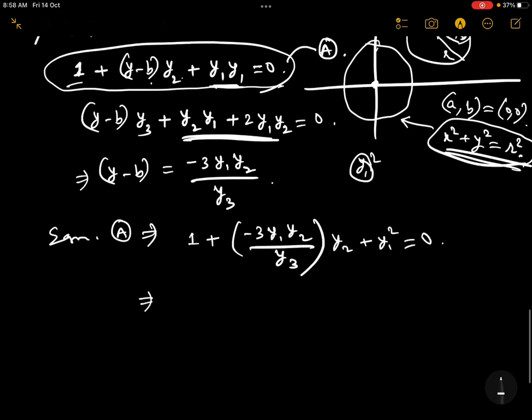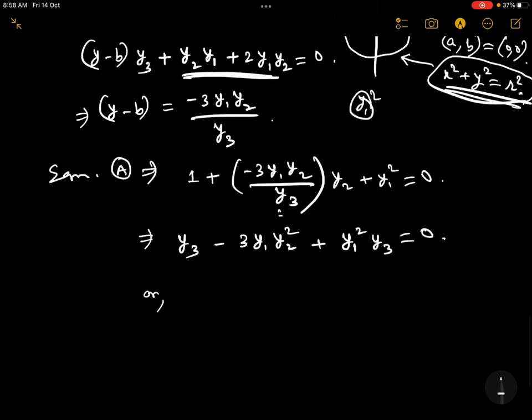This implies you can combine these two. Okay, you multiply all throughout by y3, then this will be like this: y3 minus 3y1 y2 square plus y1 square y3 equals 0.